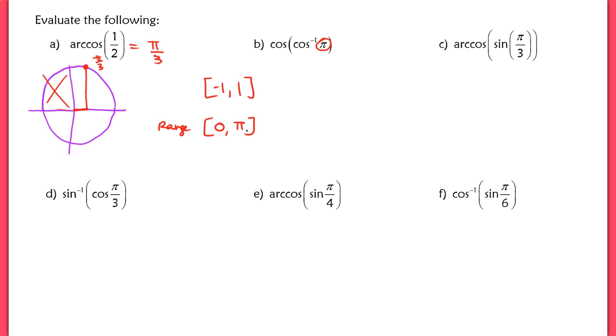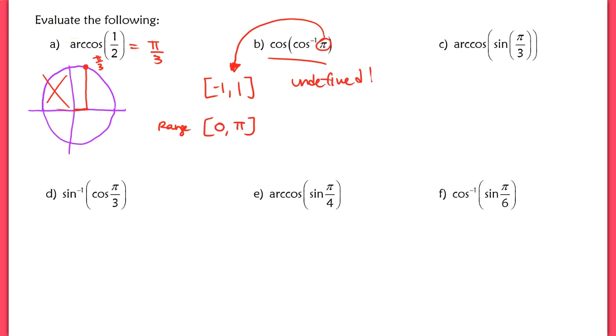So this is a very deceiving question because this pi value is your input for the inverse cosine function, which means it doesn't actually fall between negative 1 to 1. It's outside of that range, which means that this is actually undefined. It's not possible to answer this with a real number.